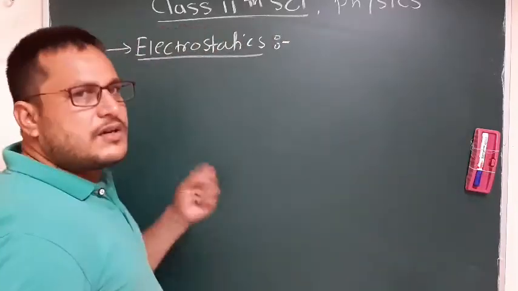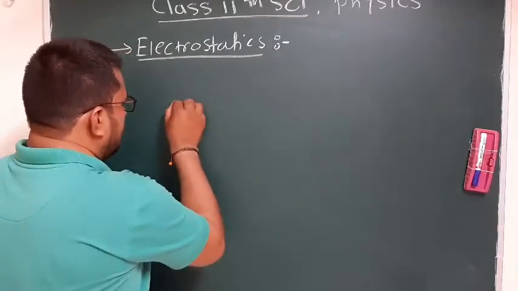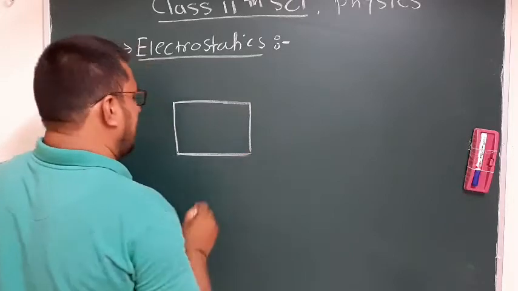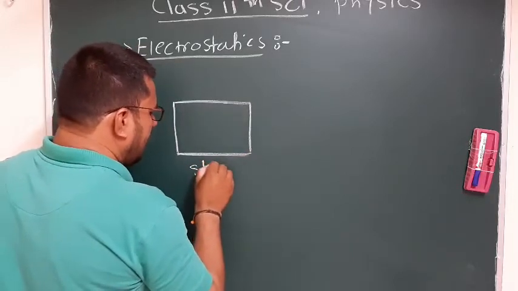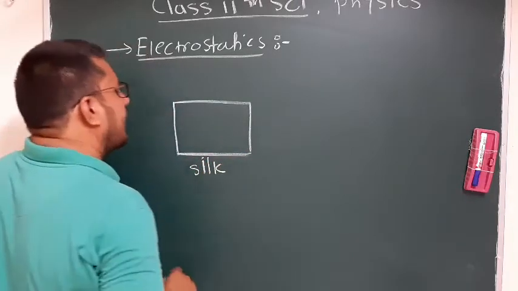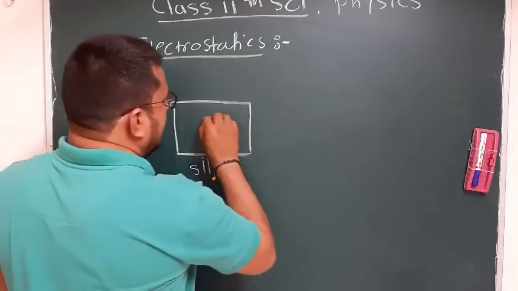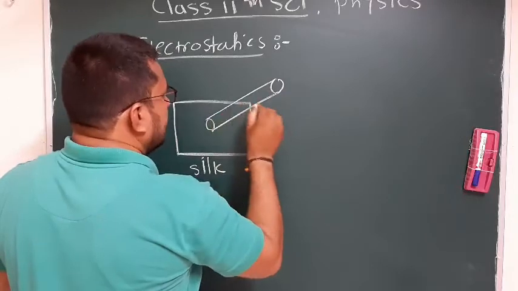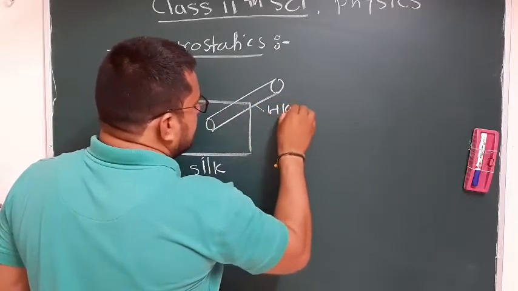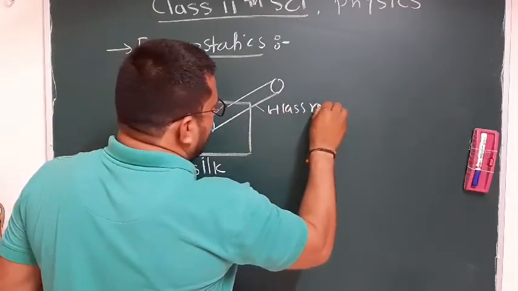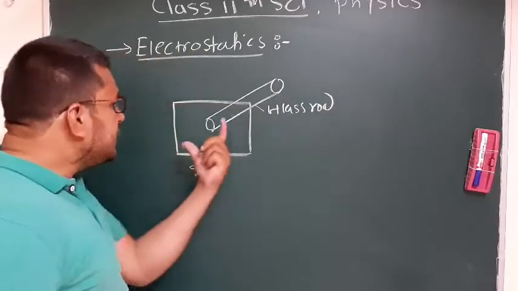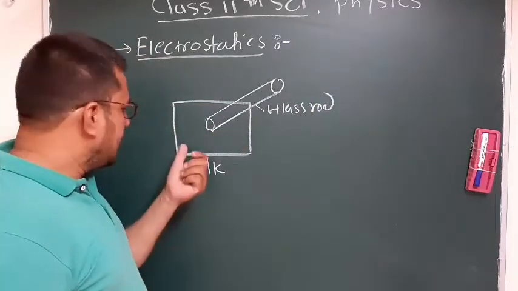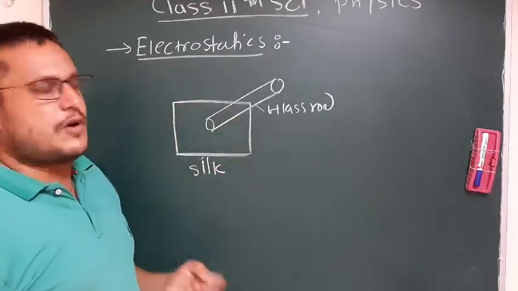Students, please concentrate here. Suppose we have a cloth of silk and a glass rod. We have these two objects, one is the silk cloth and the other is the glass rod.